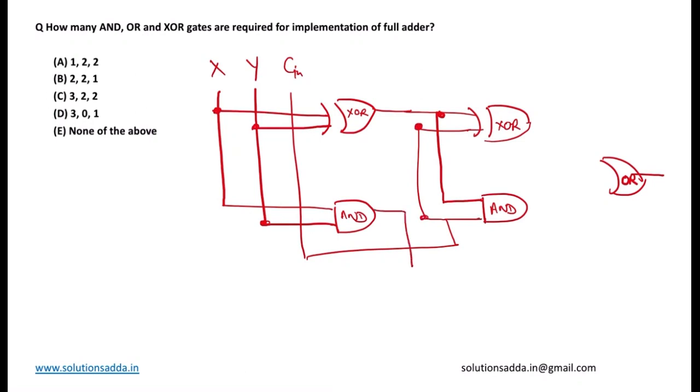The output of this AND gate is going with the XOR gate, OR gate. And also this is going here. So this is S and this is C.